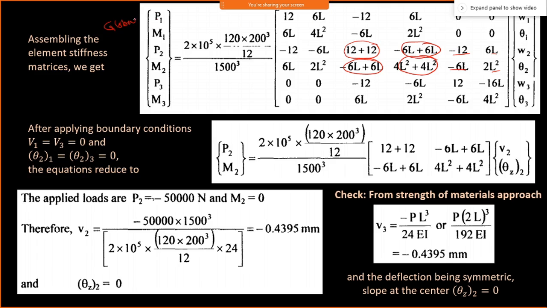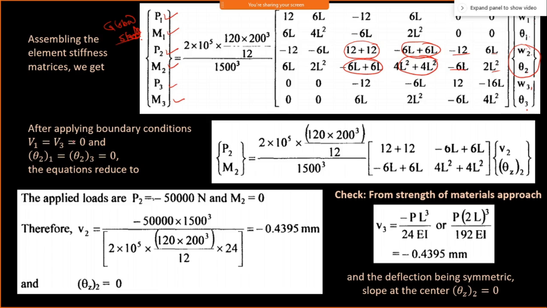This global stiffness matrix is in terms of force and moment, and here it is W1 theta 1, W2 theta 2, W3 theta 3, because these two are common. Obviously, the addition of these elements will happen from these two.